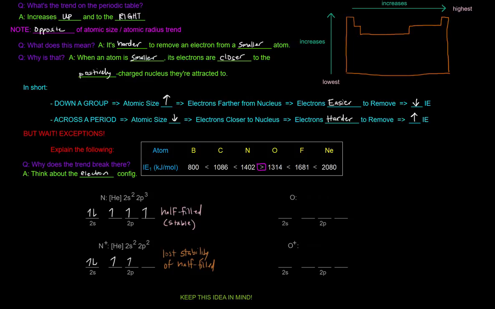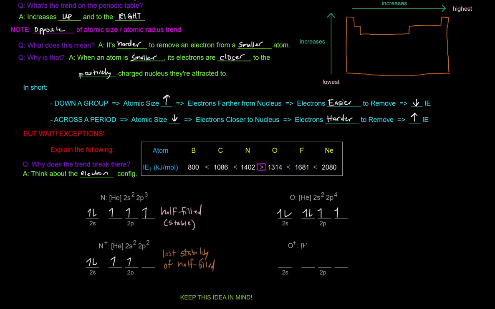Now, if we think about oxygen, its electron configuration is 2s2, 2p4 after that helium core. So we've got 2s2, 2p, 1, 2, 3, 4. And if we rip off an electron, we're going to rip off this one right here.